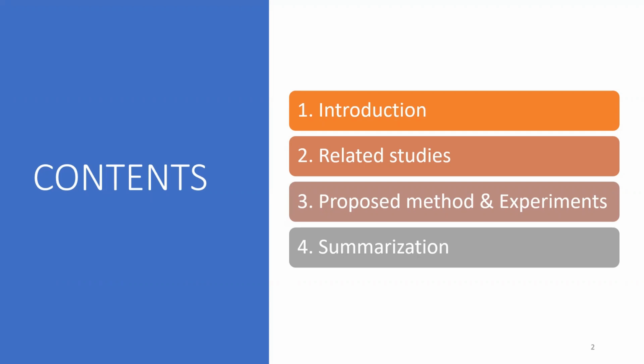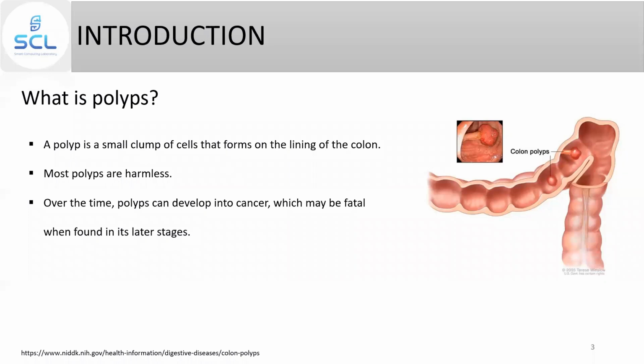Let's start with the introduction about polyps. A polyp is a small clump of cells that forms on the lining of the colon.